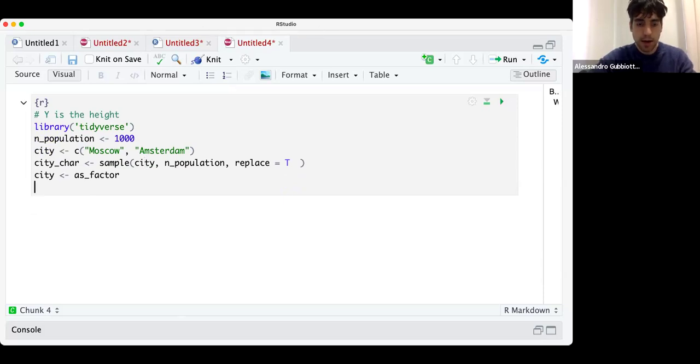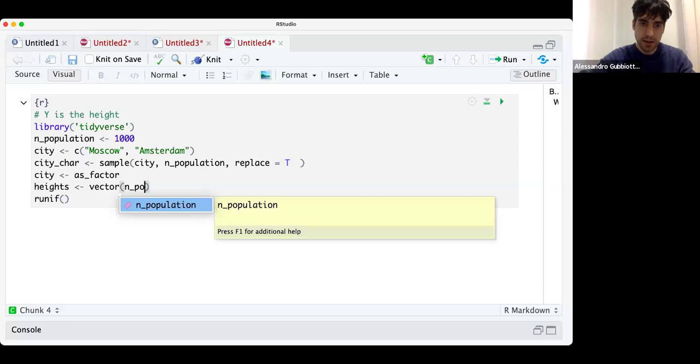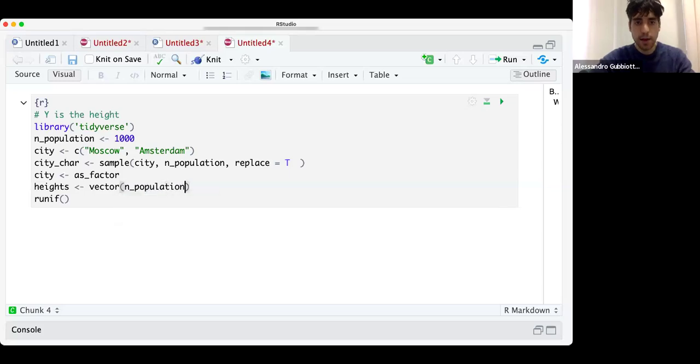Well, now I generate some random data. So the vector of heights. Let me initialize it as a vector of this size, the size of the population, and the mode is numeric because it's a vector of numbers.